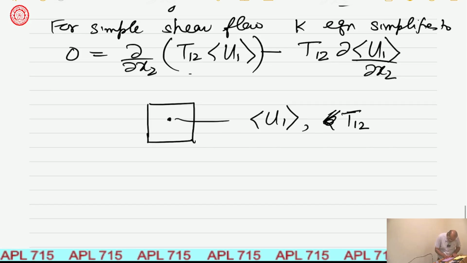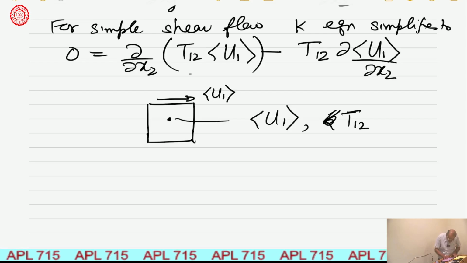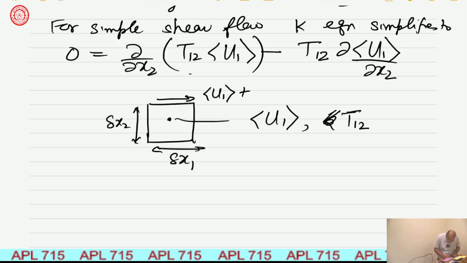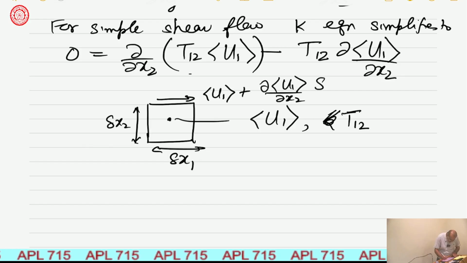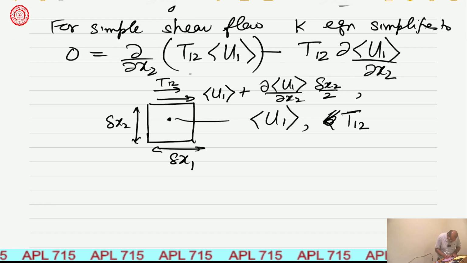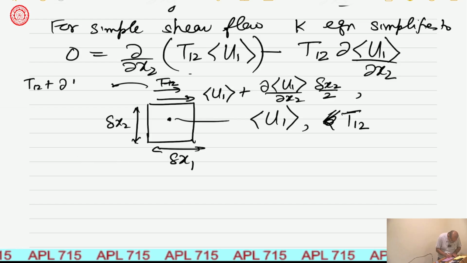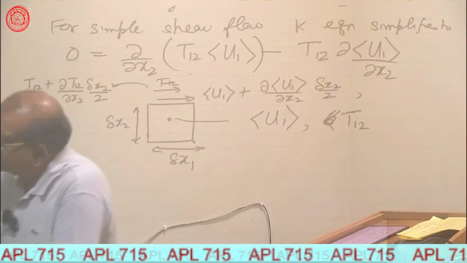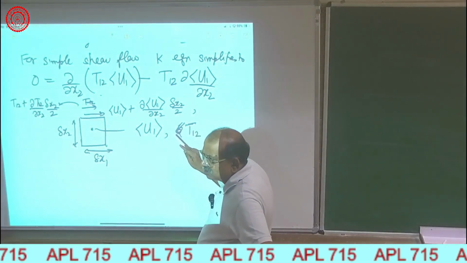At the top, with delta x2 and delta x1 as the sides, this will be u1 plus... I am expanding u1 and T12 in a Taylor series.